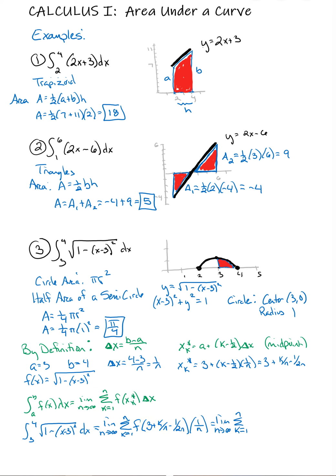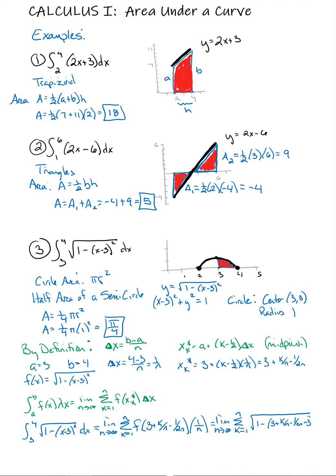Oh yay! Doesn't this look like fun? That's the square root of 3, oh wait, no. It's the square root of 1 minus the quantity. We have our x's, that's 3 plus k over n minus 1 over 2n.